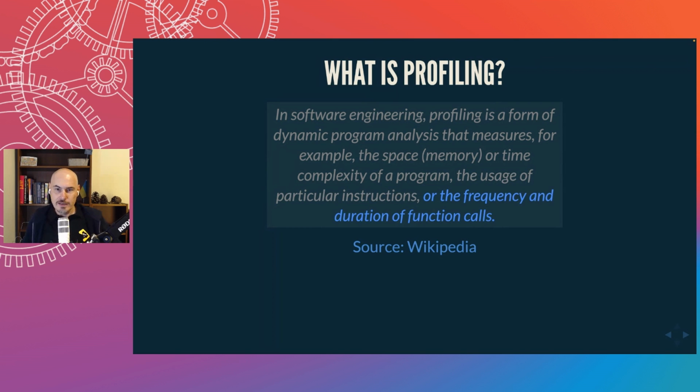And finally, the frequency and duration of function calls. So this is what Wikipedia says. We analyze runtime behavior of our programs in terms of memory usage, time, usage of instructions, and some characteristics of function calls. This is profiling.